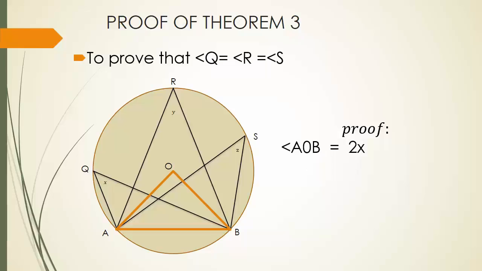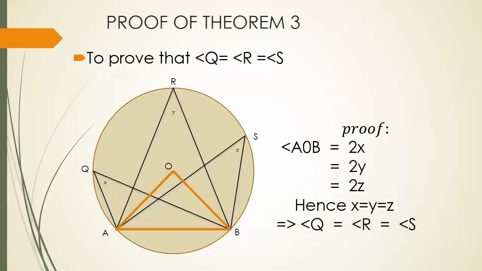With our construction we can find out that angle AOB will be equal to twice the angle x that is made at Q from the first theorem, and the same thing is true for the angle made at R, that is twice y, also from the same first theorem, and that also happens to the third one, that is the angle made at Z. So since all these are equal to AOB, we can say that x is equal to y as well as equal to z.